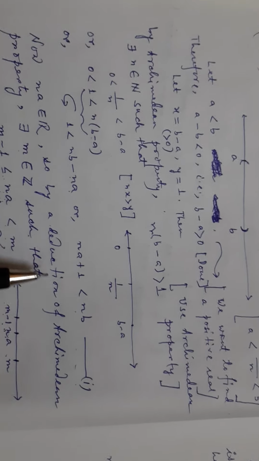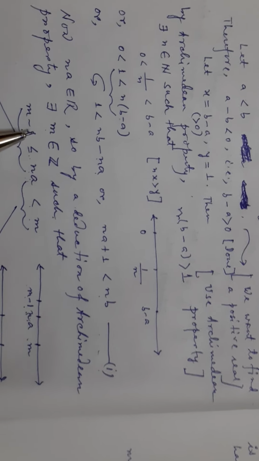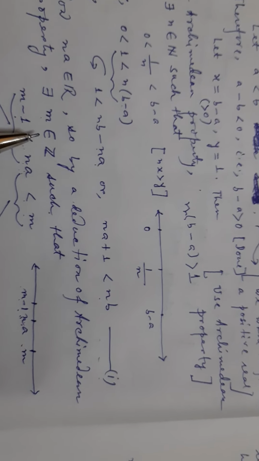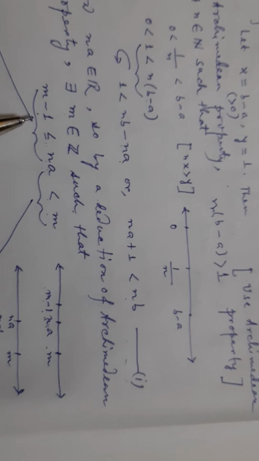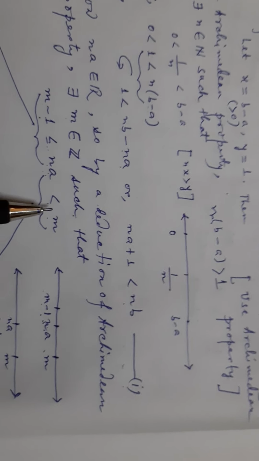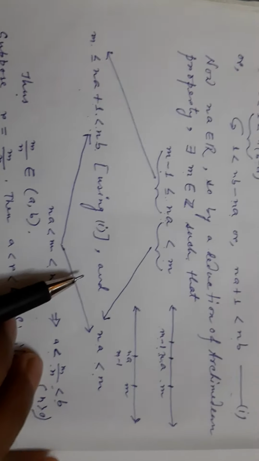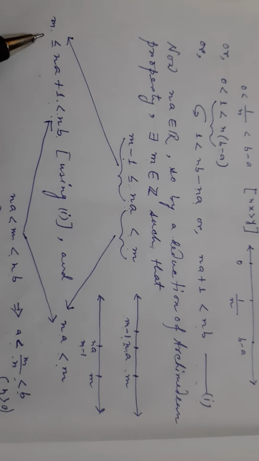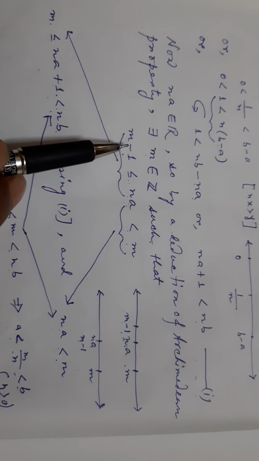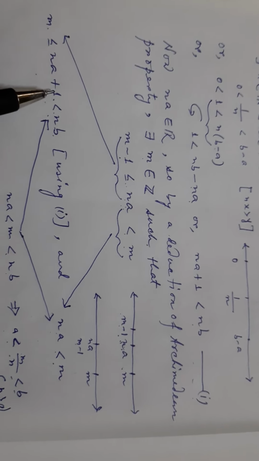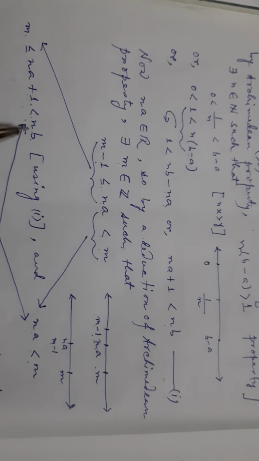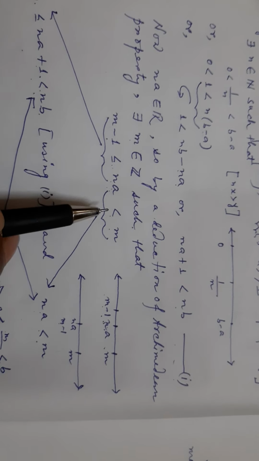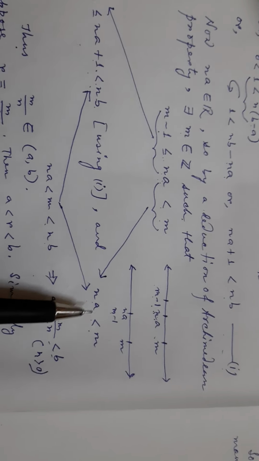Now we use a deduction of the Archimedean property, and there exists an integer m such that m - 1 ≤ na < m. So from this relation we get m ≤ na + 1, and na + 1 is less than nb from (1), and from this relation we get na < m.